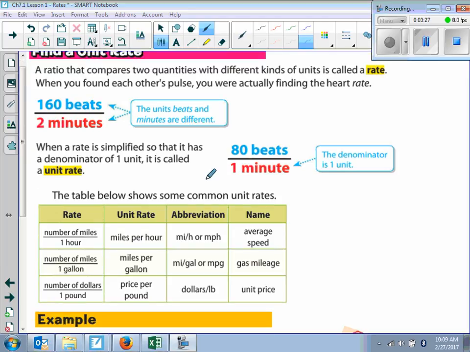So here are some common unit rates. Miles per hour, you've seen those on the speed limits. Miles per gallon, that's how many gallons your car can get. Price per pound when you're shopping. Those are common unit rates.